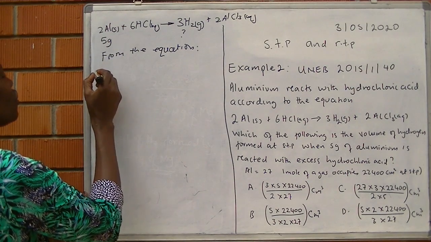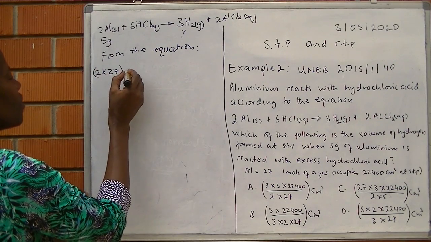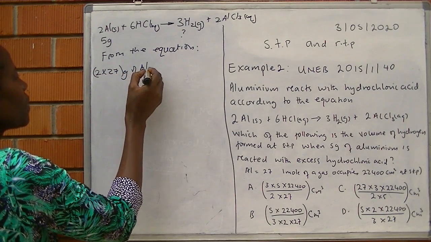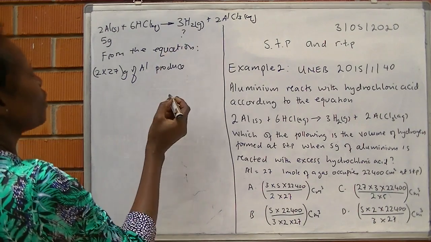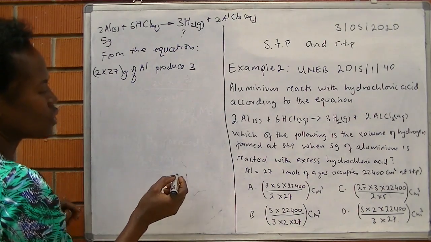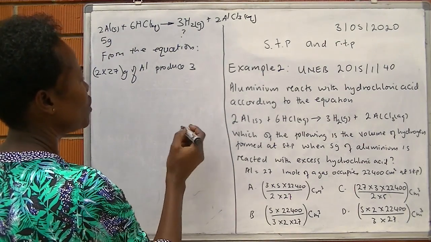This is the same as 2 times 27 grams of aluminium produce how many moles? There are 3 moles, but we are told each mole of any gas occupies 22,400 cubic centimeters.